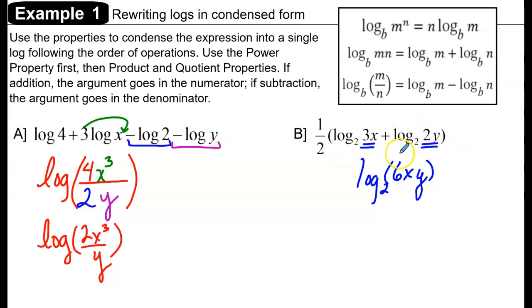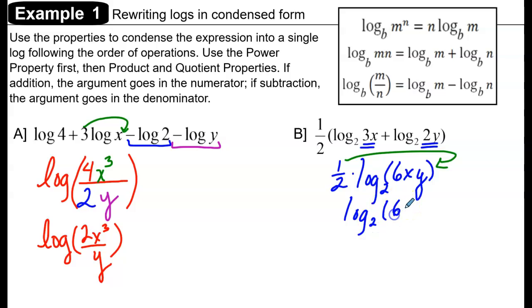So the parentheses condenses to log base 2 of the quantity 6xy, and then we have that coefficient of 1/2 out in the front. Now we can use the power property to change that coefficient into the exponent on the argument of the log. And remember, a 1/2 power is the same as a square root.